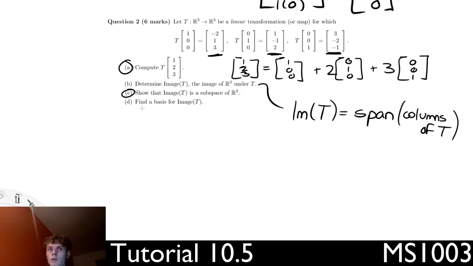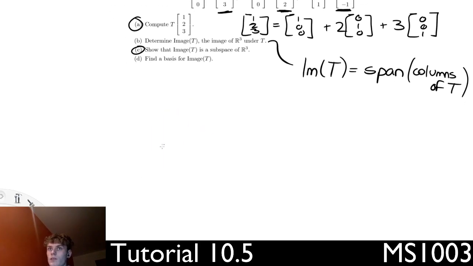Part C, we want to show that the image of T is a subspace of R^3. I don't mind you copying this directly from the sample test, as long as you're learning. Okay, as long as you understand this. The image of any linear map is always a subspace. And I'm just going to prove it now in front of you, so you're forced to see it.